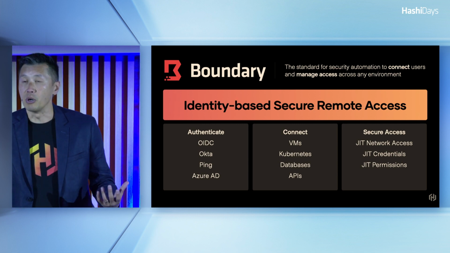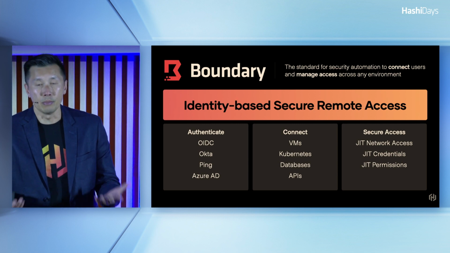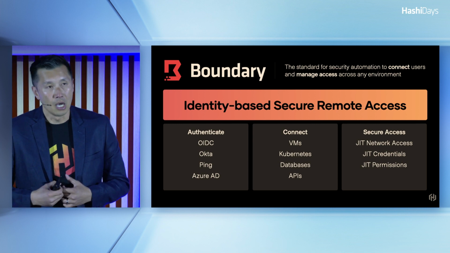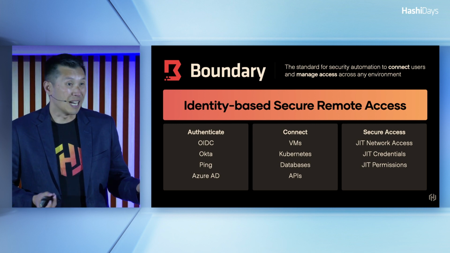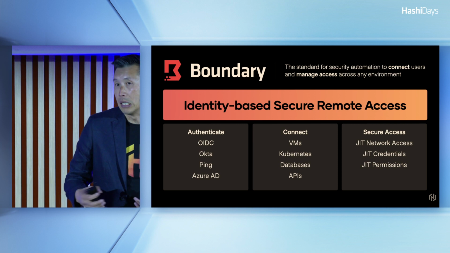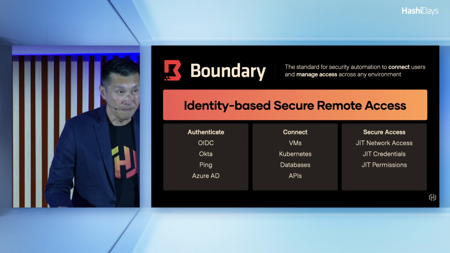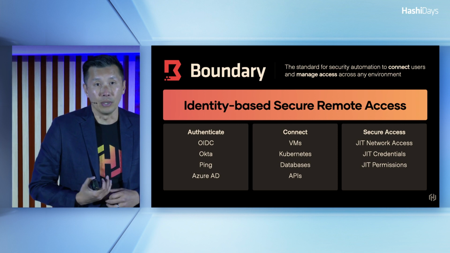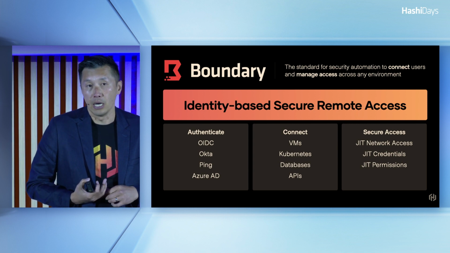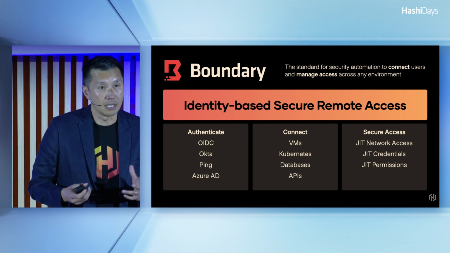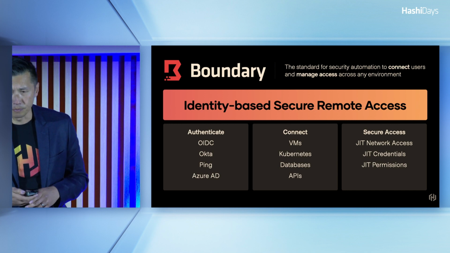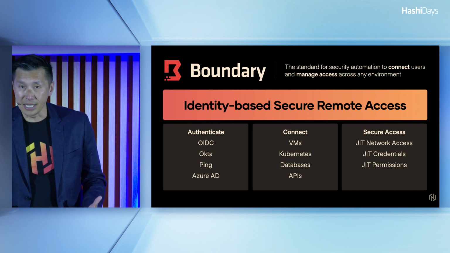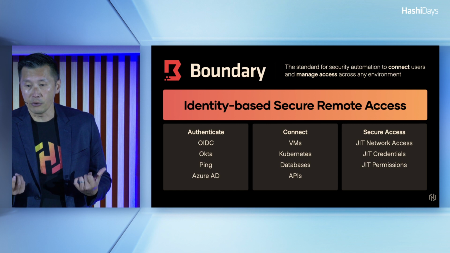So from a user's point of view, what they would do is just log on to the platform itself, authenticate themselves using one of the existing identity providers like Okta or Ping. Boundary supports OIDC, and with its latest release, the .13 release, it also now supports LDAP as a beta capability as well. So once a user authenticates themselves onto Boundary, what next?